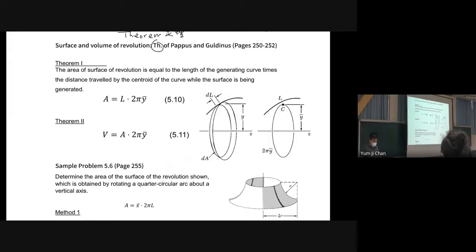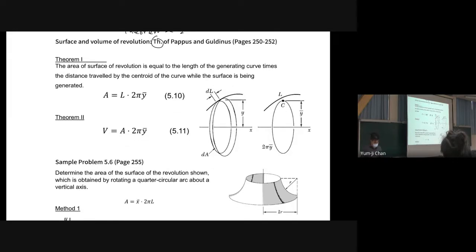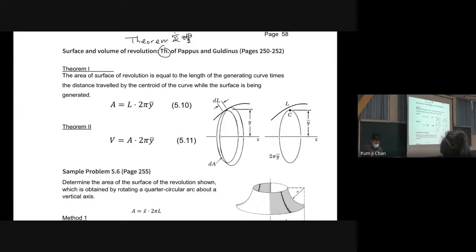The first part is to determine the surface area. And Theorem II is talking about volume. These two look very similar.